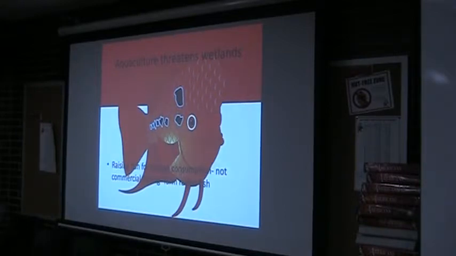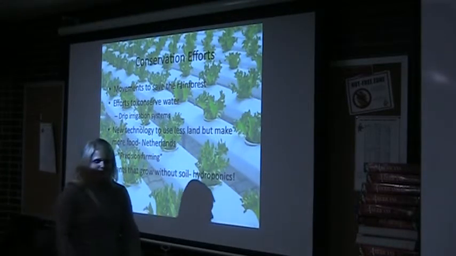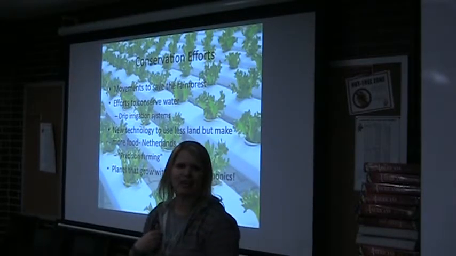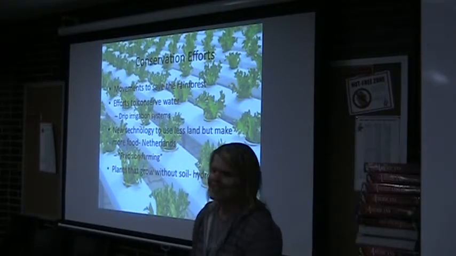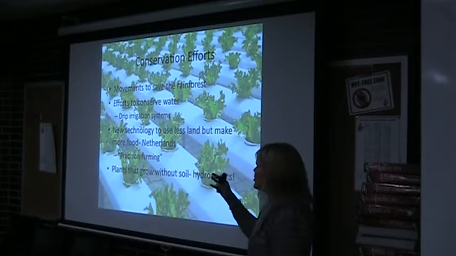Okay, and then lastly in this section is conservation efforts. So this is the good stuff. We have all these different conservation efforts in the whole world. People really care about animals. There's a lot of people for whom that is their cause. The Save the Rainforest movement gets a lot of press. And there are efforts going on to conserve water.